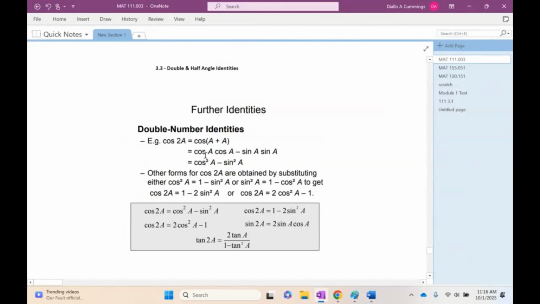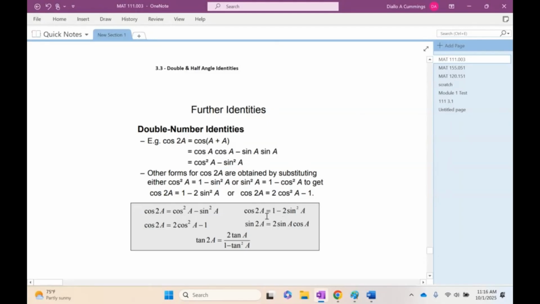And in that sum of cosine formula, they simply substituted A for A and then B for A. So it works out to be cosine A times cosine A minus sine A times sine A. And that pops out the very first formula. The double angle for cosine is equal to cosine squared A minus sine squared A, right? And that comes from the sum of cosine formula.